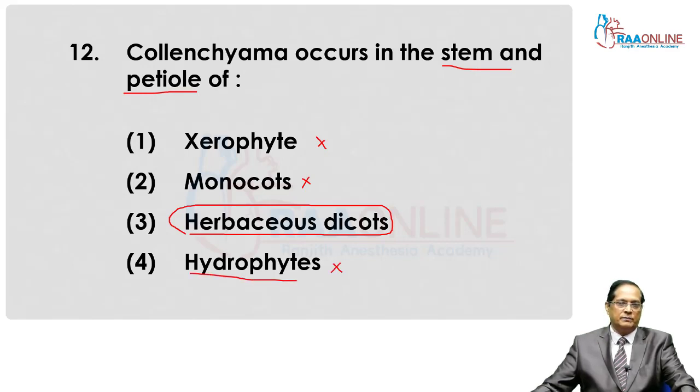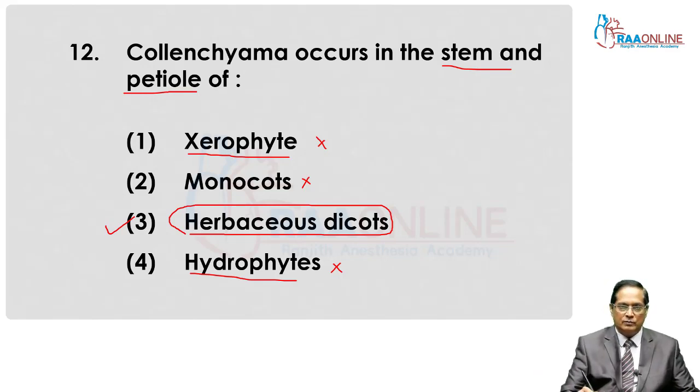Hydrophyte, that is aquatic plant. Xerophyte, that is plants of xeric area, and monocots, they don't have collenchyma. So final answer is herbaceous dicot, and they are seen in the hypodermal region of stem.